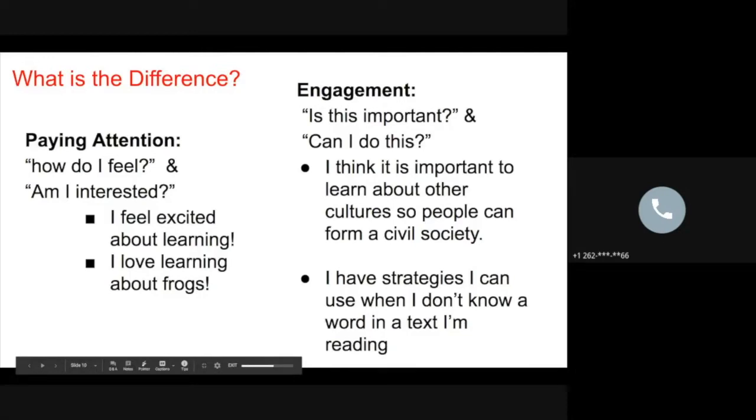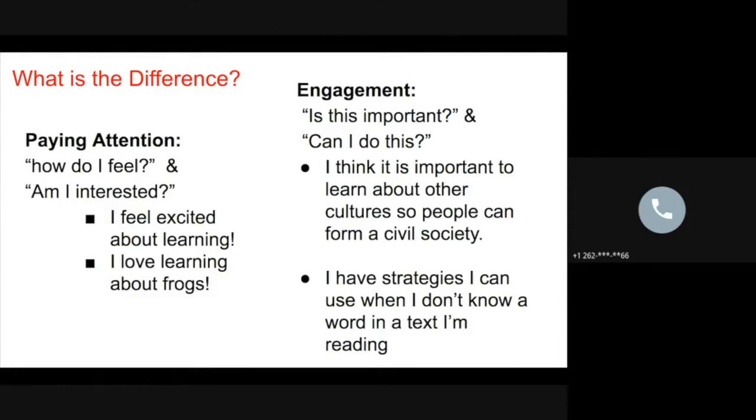So when we think about the why of learning, we want to make sure that students know why this information is important. And for example, I put some examples here, like I have strategies that I can fall back on and rely on when I don't know a word in a text that I'm reading, all the way to paying attention, which has to do with how do I feel and am I interested? It's not that paying attention is a bad thing or compliance is a bad thing, because things have to get done.